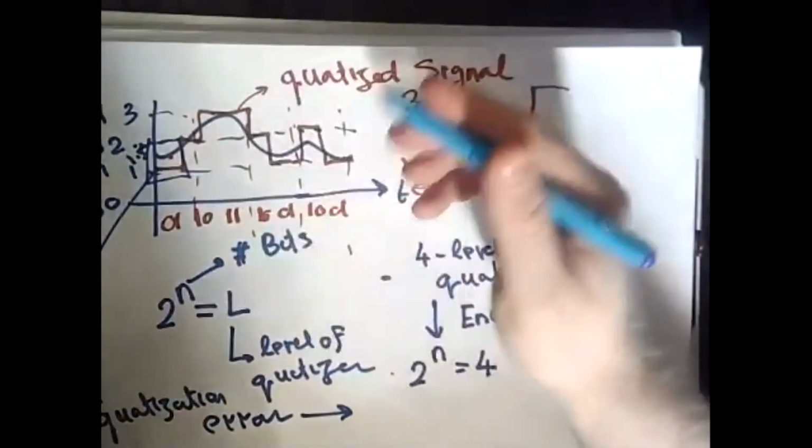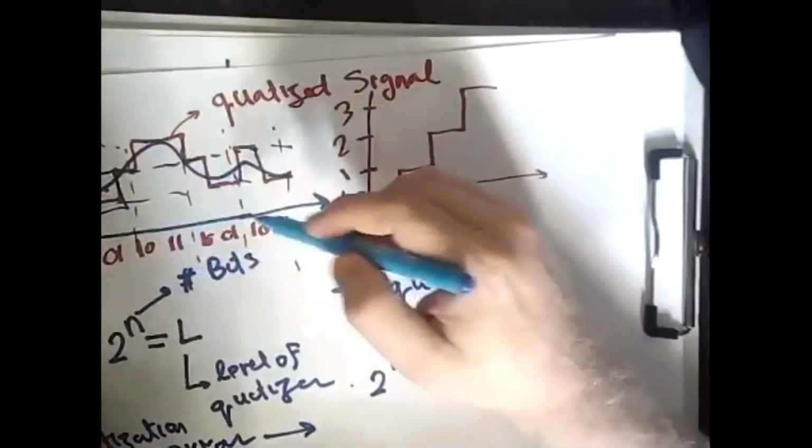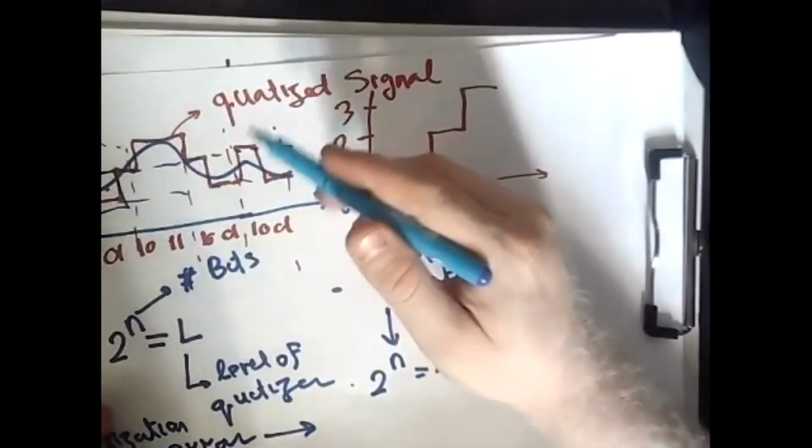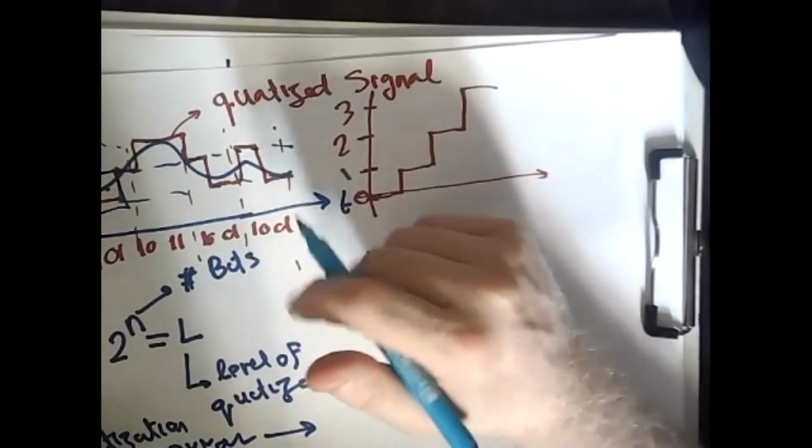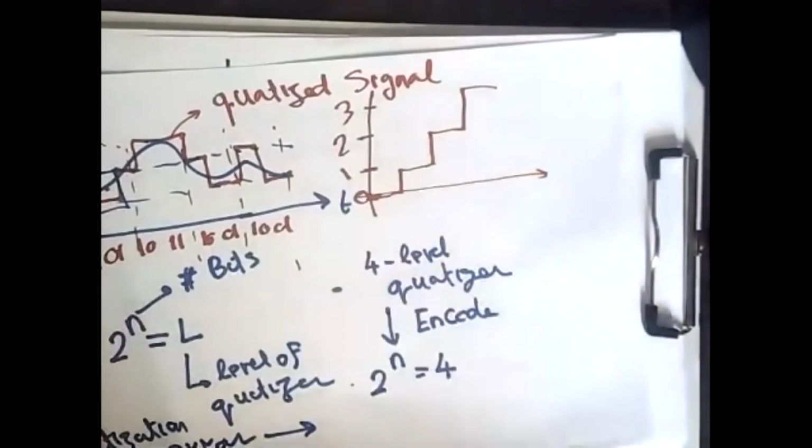Of course, this can be tuned based on the dynamic range of the message as well as the number of levels. So we can actually have an equation for delta.